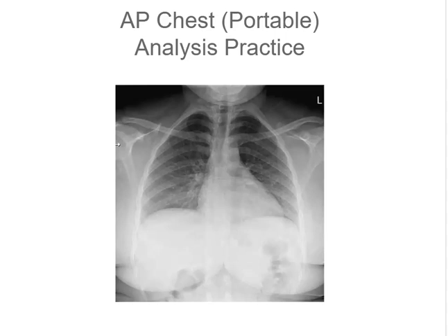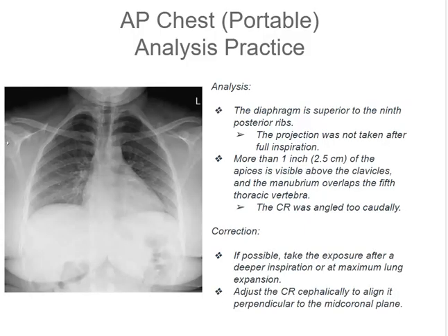Utilizing the guidelines, analyze this image and answer the following question. When analyzing this image, you want to look at the position of your sternoclavicular ends and determine if there's any rotation, and in this case we have none because they are symmetric to the vertebral column. Next, we want to look at the position of the manubrium and the clavicles.